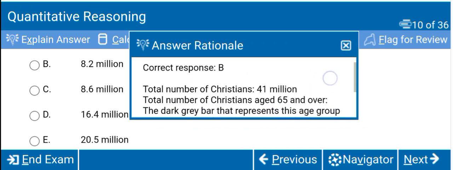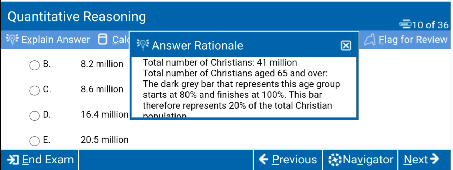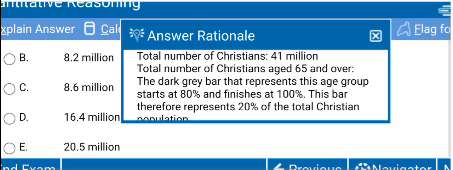So here we have the correct response is option B, as the total number of Christians is 41 million. Total number of Christians aged 65 and over: the dark gray bar that represents this age group starts at 80% and finishes at 100%.